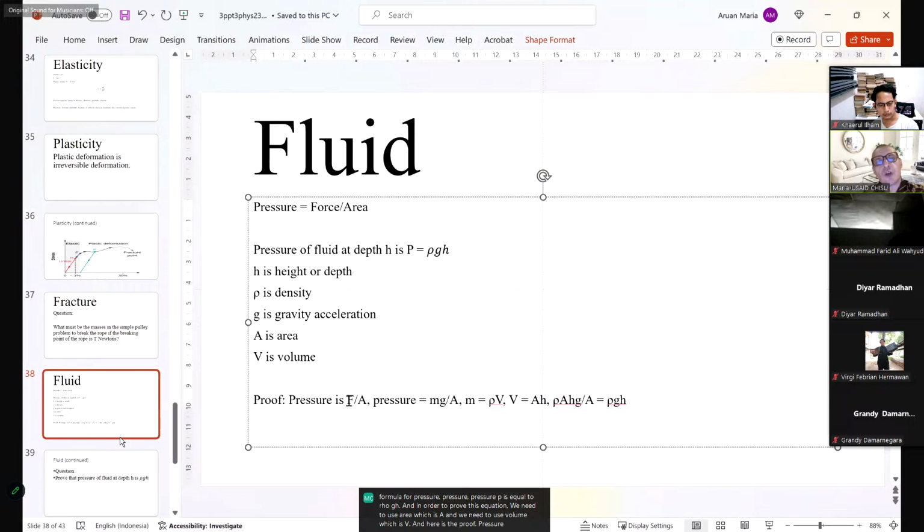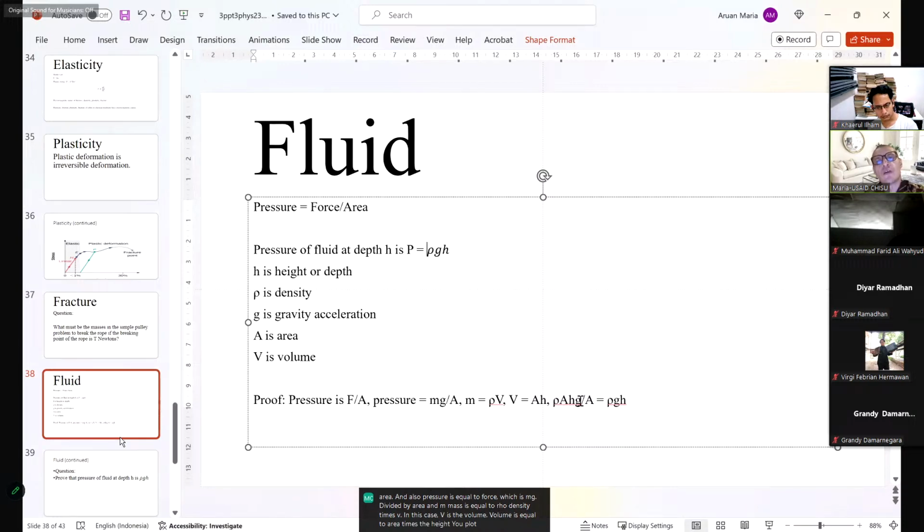Pressure is equal to force over area, and force is mg, divided by area, and mass is equal to rho density times V. In this case, V is the volume. And volume is equal to area times the height.